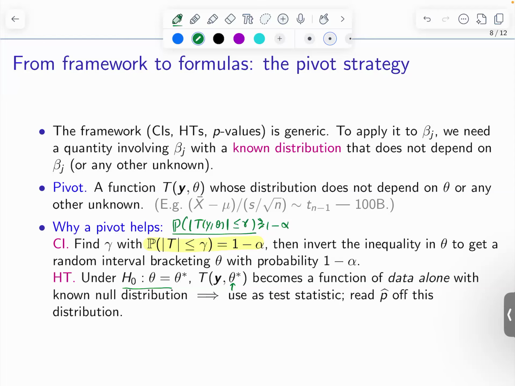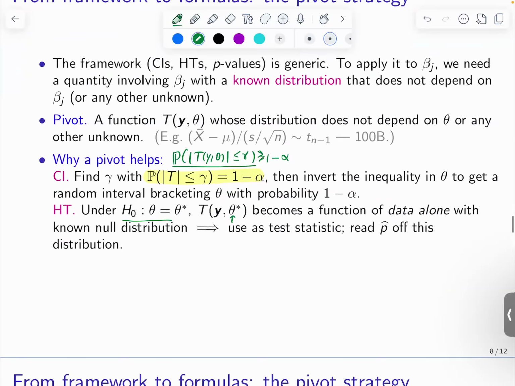Now this pivot turns into a statistic. This is perfectly known. For example, theta star is 0, so evaluate y at 0. This is only a function of the data, and its distribution under the null is perfectly known. And then I can use it as a test statistic, read off the p value, and so on. Okay, so a pivot would allow us to do both.